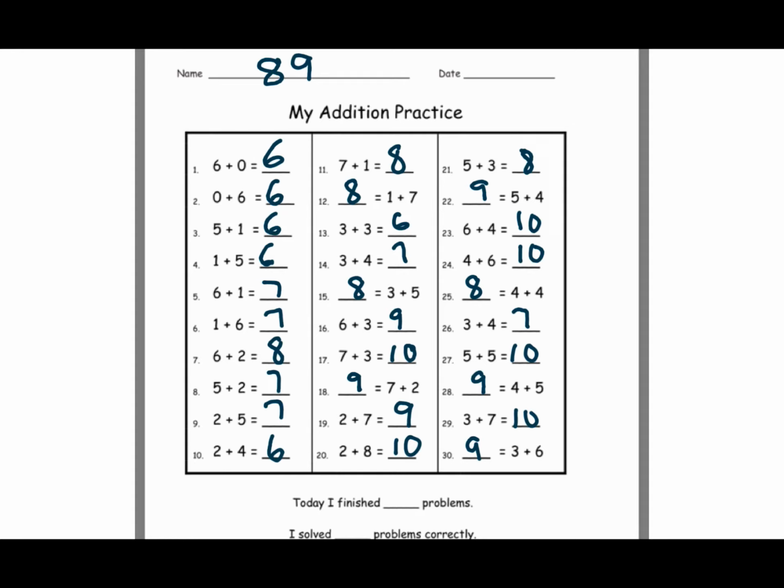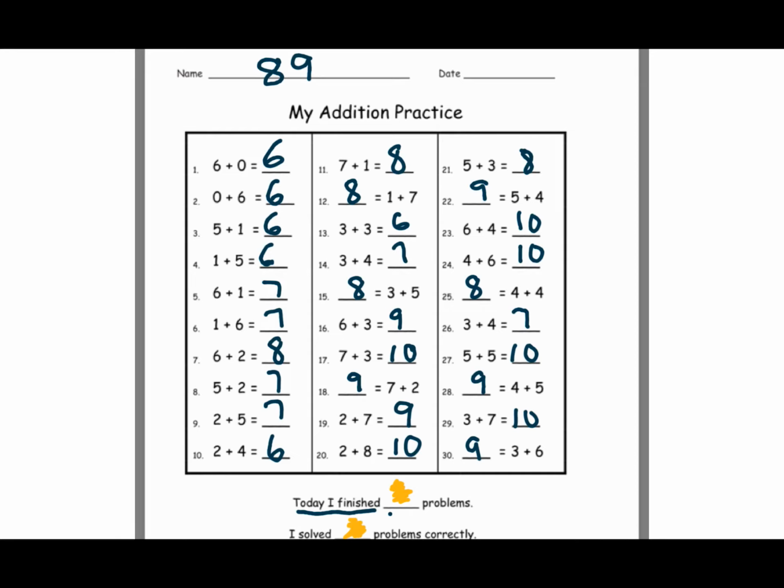Okay, boys and girls, you may or may not have completed this whole sheet. That's okay. All I want you to do is count the number that you finished today. How many problems did you finish today? And how many problems did you finish correctly? So down at the bottom of the page where it says, today I finished blank problems, go ahead and write down how many problems you finished, and then how many you finished correctly.